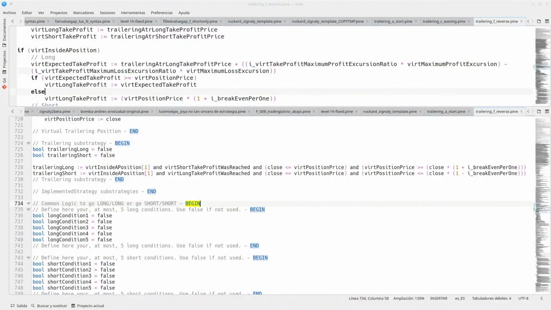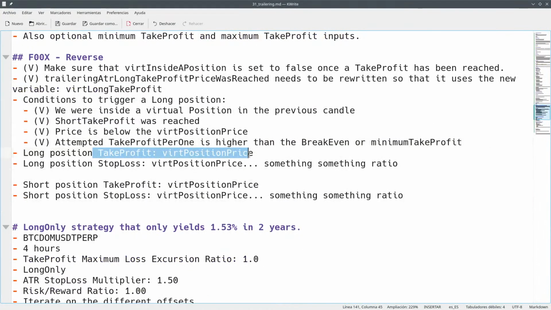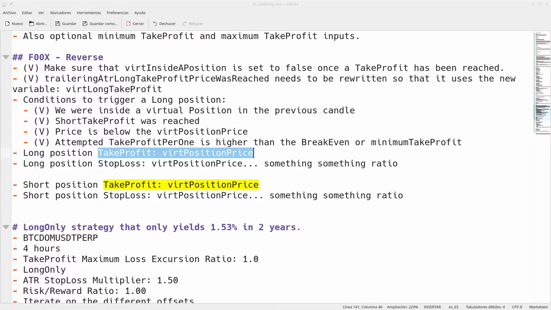Okay, so we are back. So what we want to work with is the take profit, which we will need per one and so on. Yeah, this is going to be quite complex if you ask me.